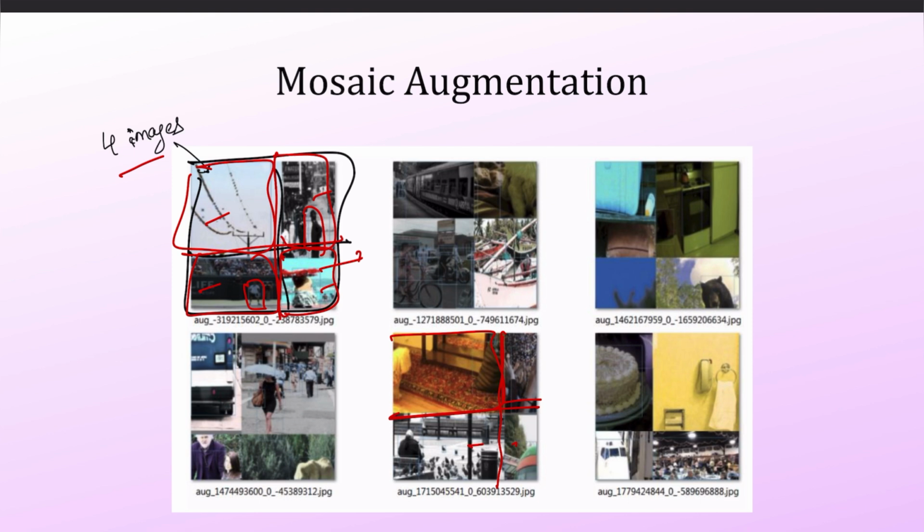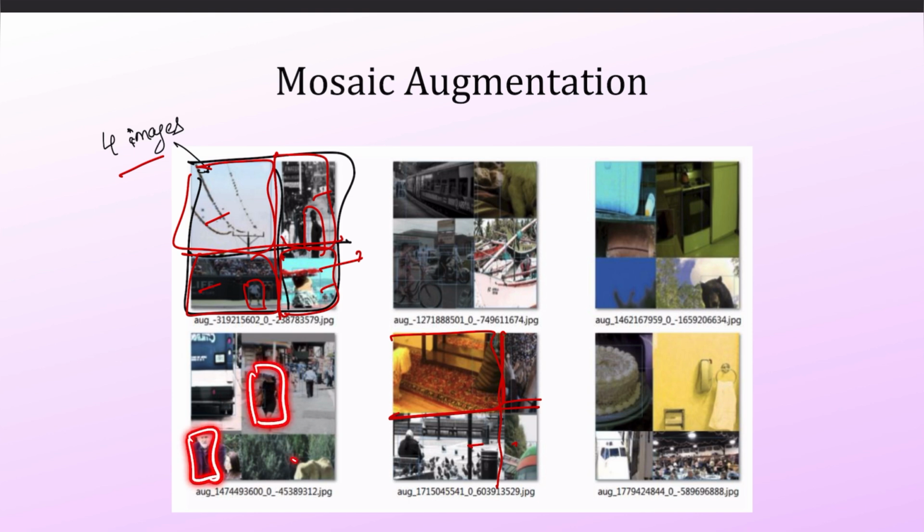If you take wild animals as an example, usually wild animals appear in a forest background. So whenever there is a forest background, it assumes that there can be a wild animal over there. By using this mosaic augmentation, we are removing that bias in the model. This augmentation is majorly for object detection tasks. So if you have multiple objects also, your bounding boxes will be adjusted according to the merging process here.